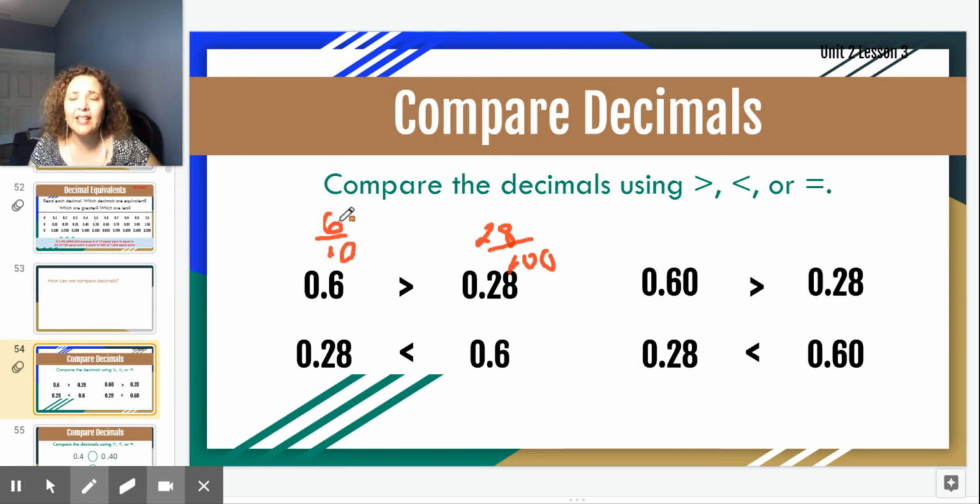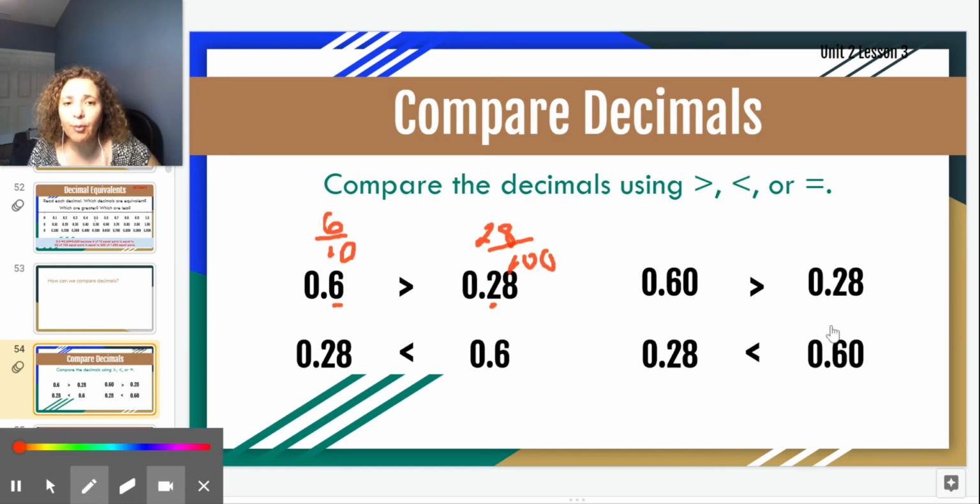So 6 out of 10 is going to be bigger than 28 out of 100, because here you have more than half. Here you have way less than half, right? So what do we compare? The digit that's right after the decimal. So this is 6/10. It's bigger than 2 tenths. So 6 tenths is bigger. So start by comparing the number right after the decimal.